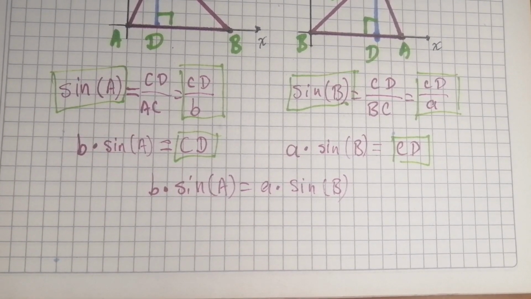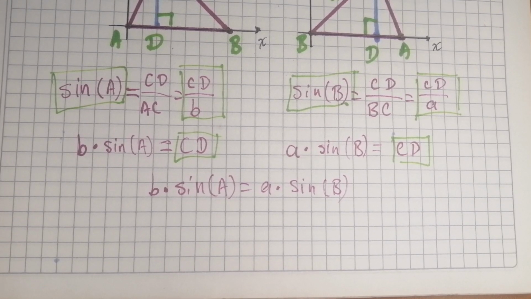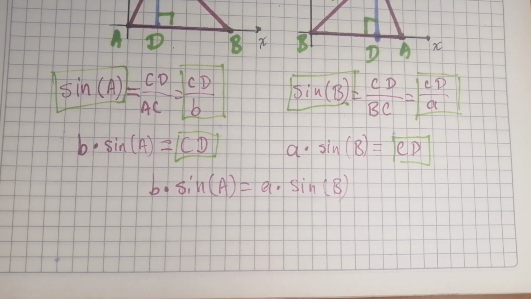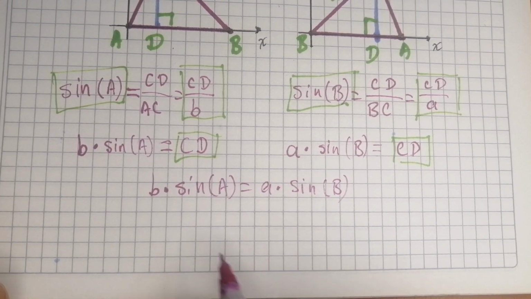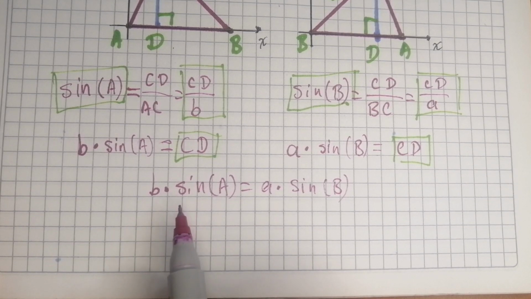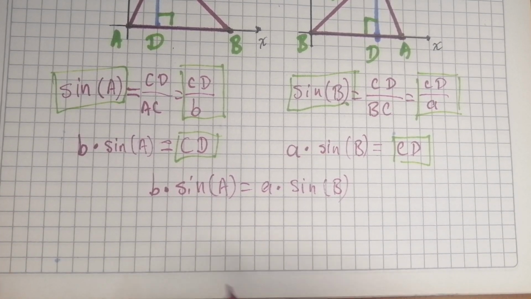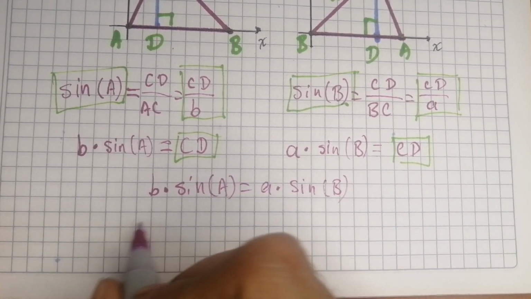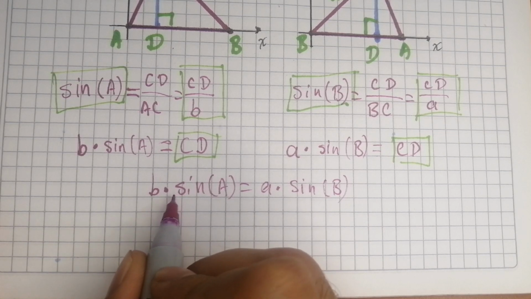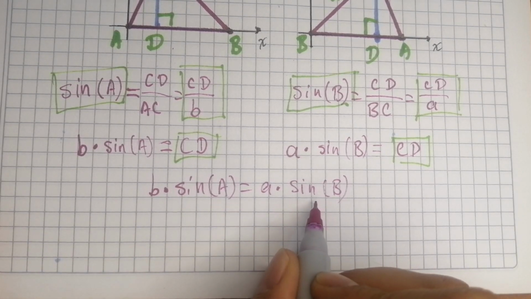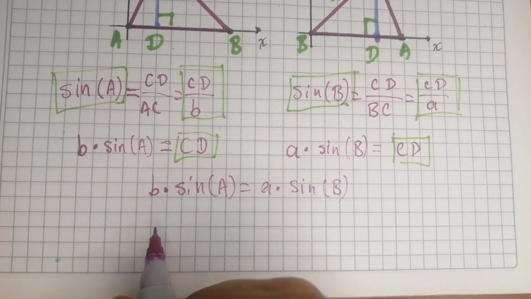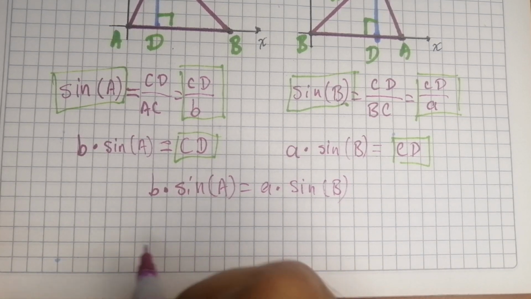And remember, guys, that math is pure magic. It's doing crazy tricks. Our trick now is that we are going to create two combinations of fractions. The first one is that if I take this sine of A to divide to the other side, and I take this sine of B to divide to the other side, I'm going to have the following.